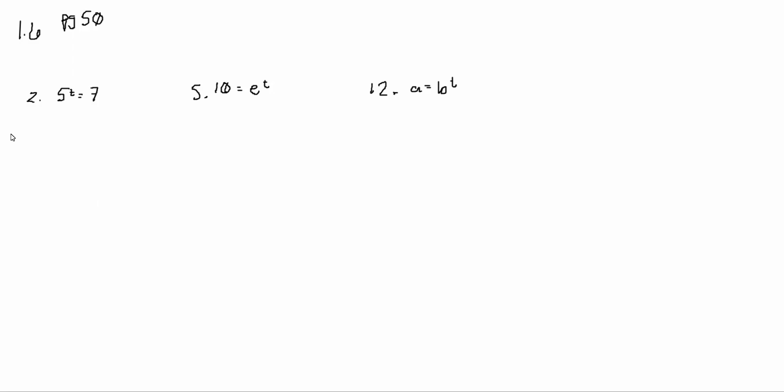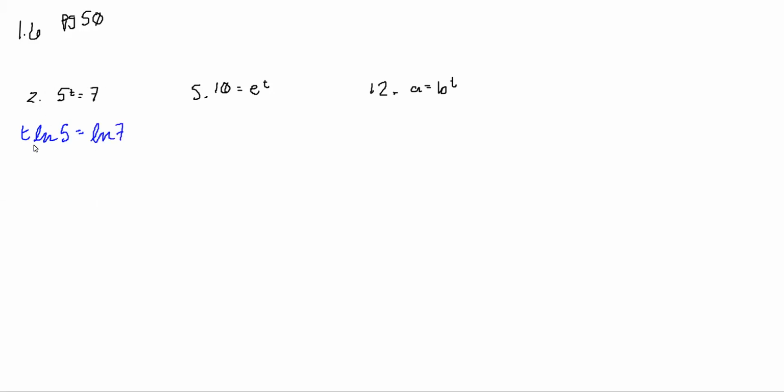So walk me through what I should do with number 2. This is a natural log, right? Yep. To bring t down, it's the ln of 5^t, so I'm going to put the t out front, equal to the ln of 7. Yep.